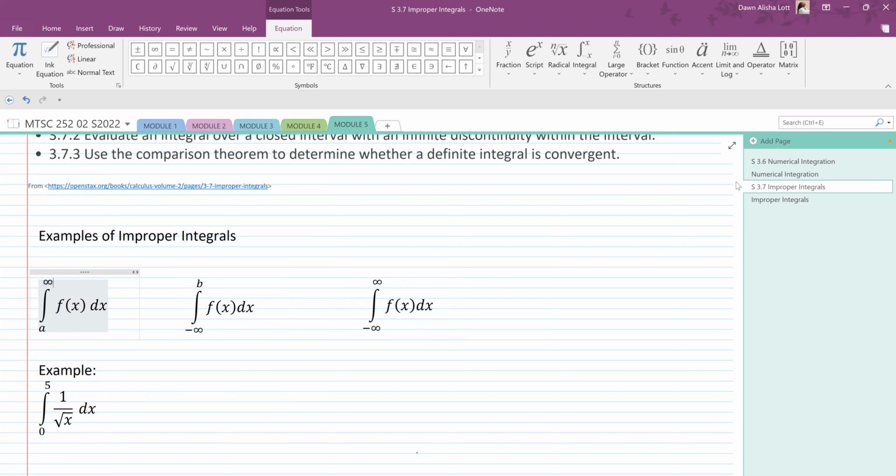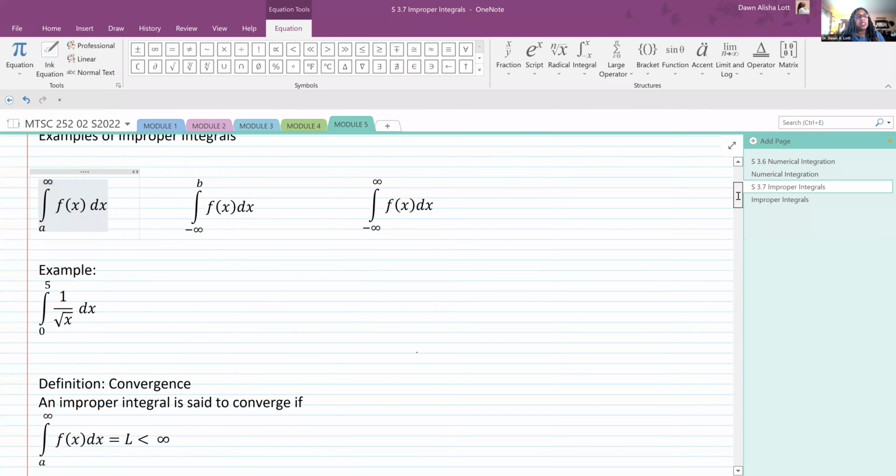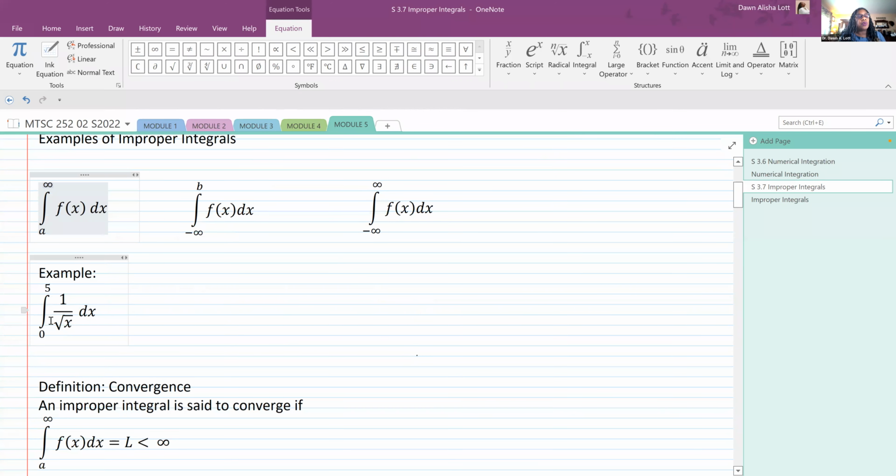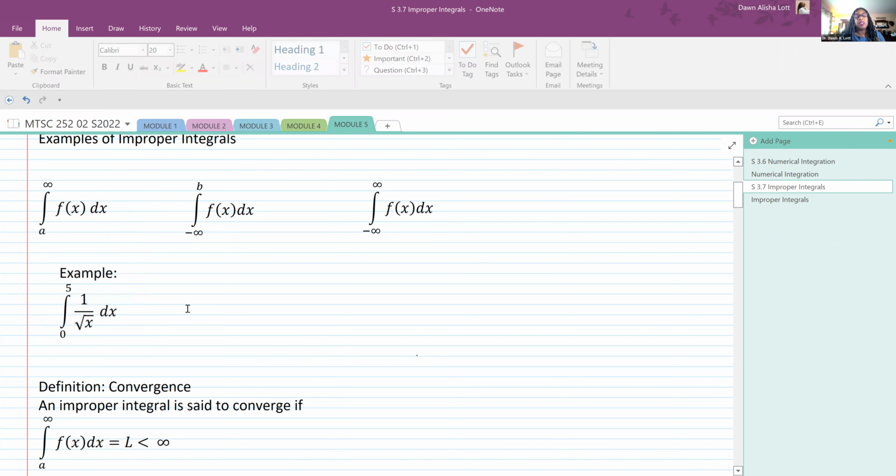And then here's one where, as you can see, I have 1 over the square root of x, the integral from 0 to 5. So why would this one be an improper integral? What's wrong with that? Everything looks like it should be okay. What's the problem? Anybody have an idea what the problem is?